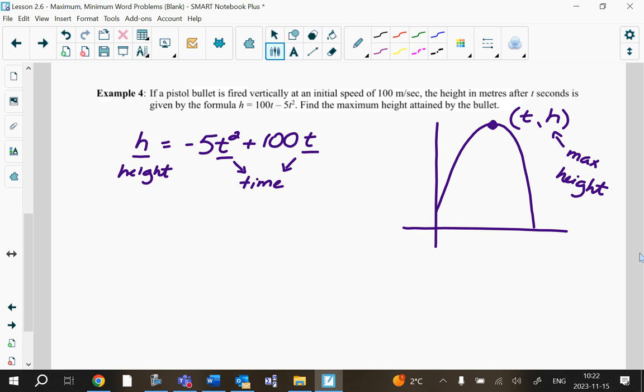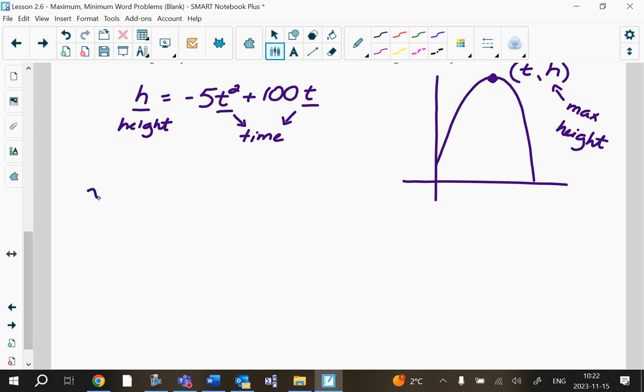So, how do we find the vertex? Well, find the x vertex, but in this case it's called the t vertex, by doing negative b over 2a. What's the value of b? 100. So negative 100 divided by 2 times negative 5.